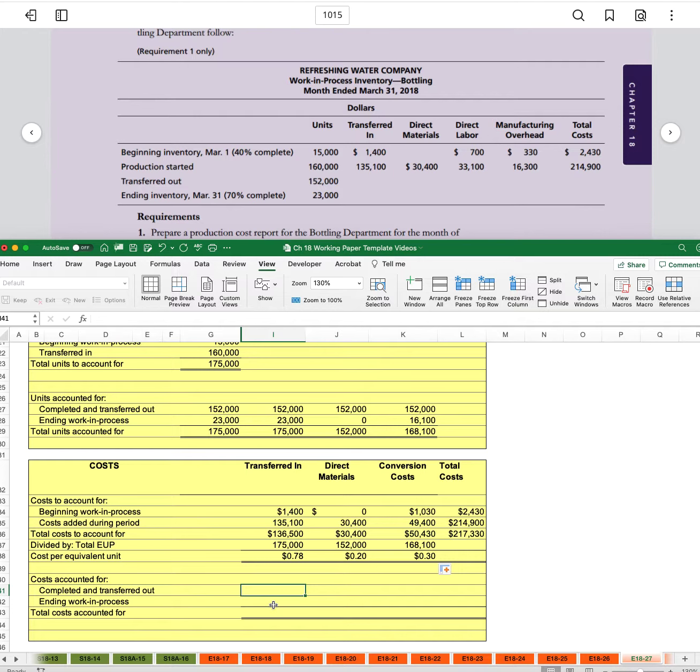And so for completed and transferred out, we're going to say equals, reference up to our completed and transferred out, times cost per EUP, make that an absolute cell reference so that we can drag our formula, press enter. And because we made that an absolute cell reference, we can pull that across to materials and conversion.